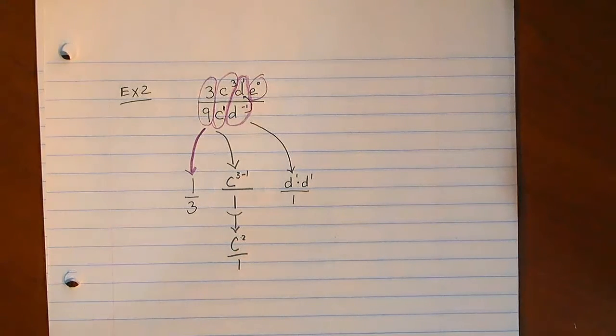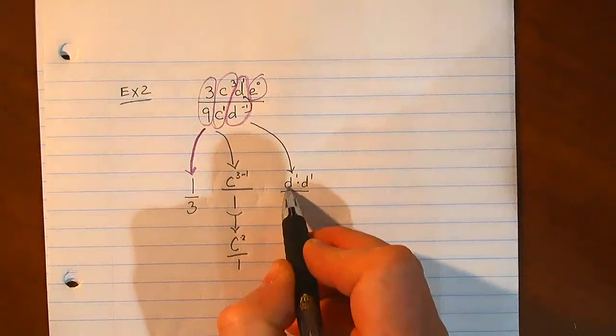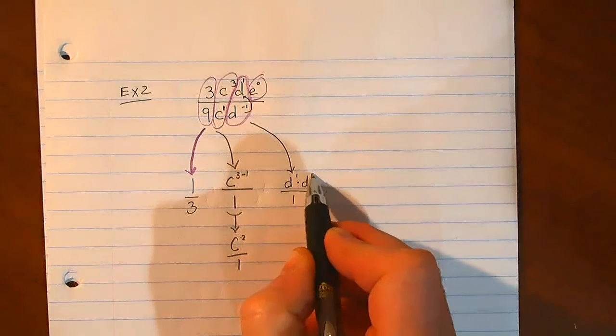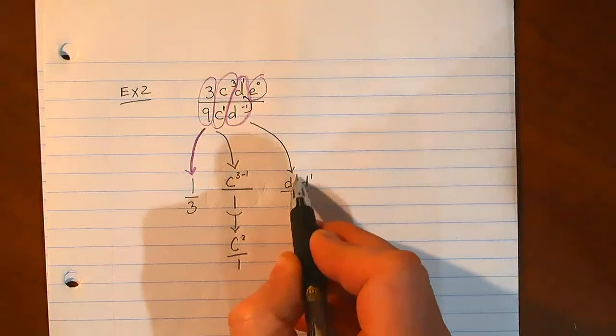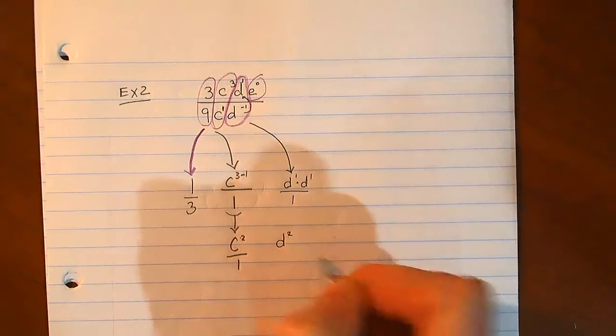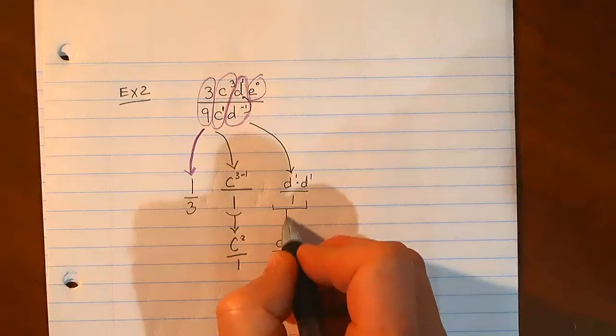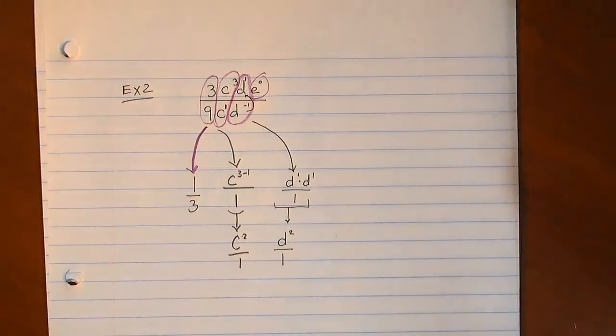And now I can use the product rule. Product rule says I have 2 things multiplied. They have the same base. Let's add the exponents together. So 1 plus 1 is going to give me a 2. And so I end up, when I simplify this thing, I'm going to end up with a d squared over 1. So that's another way that you could do this, okay?